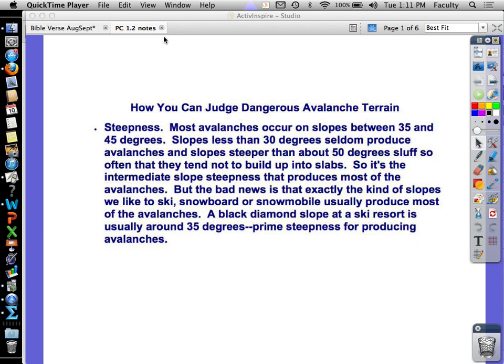So it's the intermediate slope steepness that produces most of the avalanches. But the bad news is that exactly the kind of slopes we like to ski, snowboard, or snowmobile usually produce the most avalanches. A black diamond slope at a ski resort is usually around 35 degrees, prime steepness for producing avalanches. I found that so fascinating.